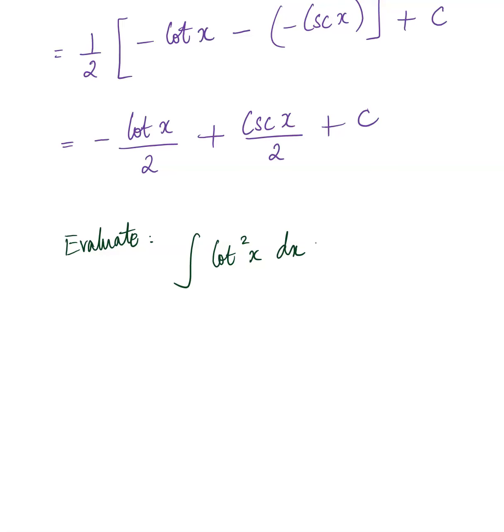The list of formulas actually has, in fact, nothing for cotangent. We have secant squared, cosecant squared, secant kx tan kx, cosecant kx, cotangent kx, but we don't have anything for cotangent, let alone cotangent squared x.